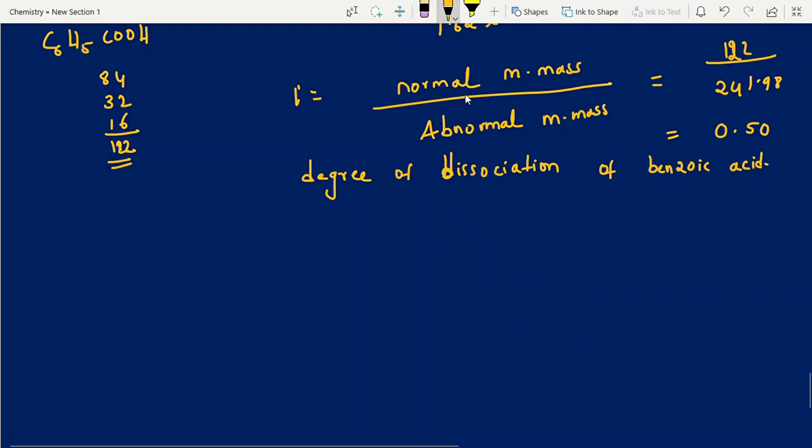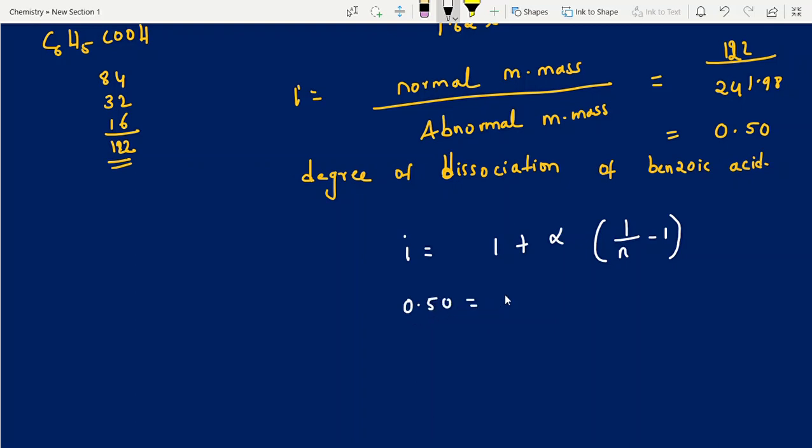The normal calculation you have taken, no? Better to go for this. i equals 1 plus alpha into 1 by n minus 1. Now you can substitute. i equals, how much we have calculated? 0.50. This is 1 plus alpha into 1 by 2 minus 1. So 0.50 equals 1 plus alpha into minus 1 by 2.